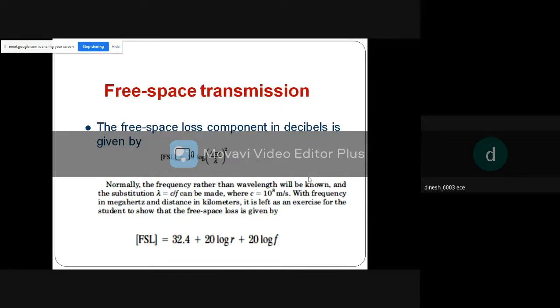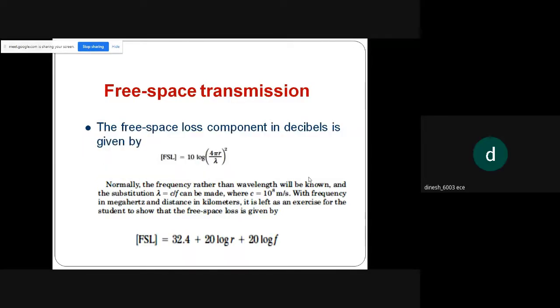We get the free space loss component as 32.4 plus 20 log r plus 20 log f.